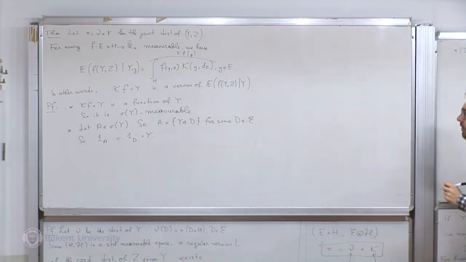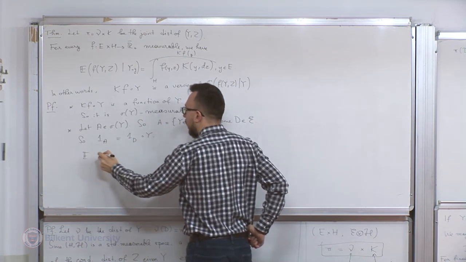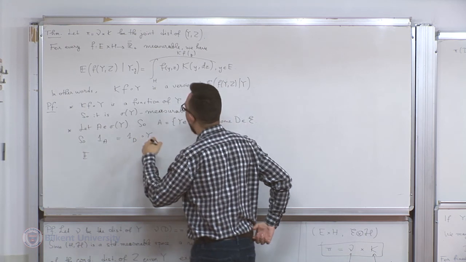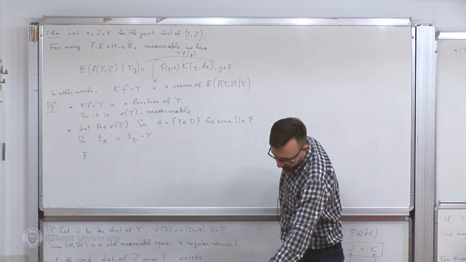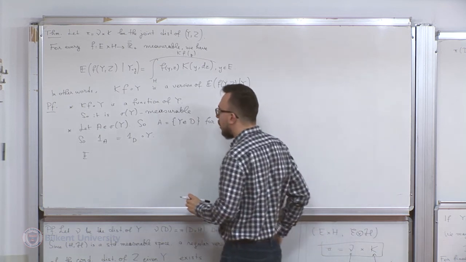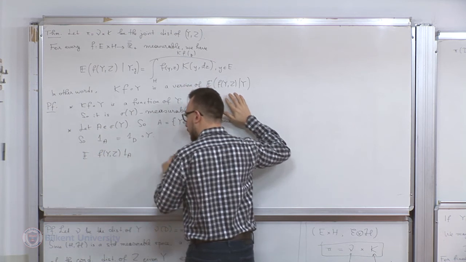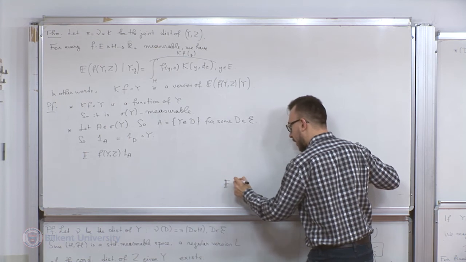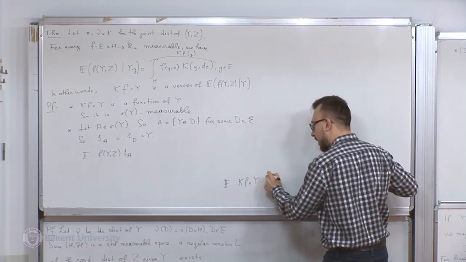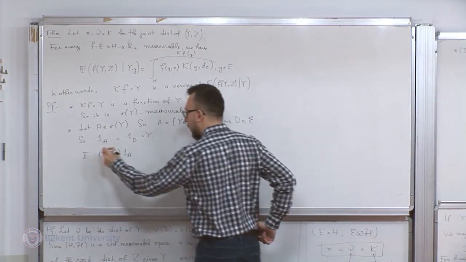Okay. So let's check that this conditional expectation satisfies the projection property. We're going to show that the expectation of f(Y, Z) times indicator A is equal to the expectation of kf of Y times indicator A. We need to check that these two things are equal. So let's calculate it.